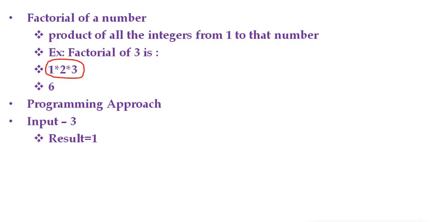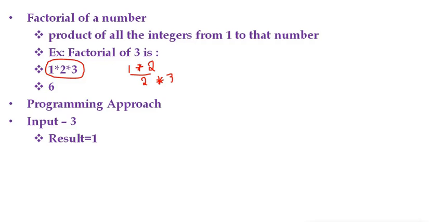In computers, at a time we can't do this many multiplications. So internally how do these multiplications happen? First 1 into 2 is multiplied and the result is stored somewhere, that is 2, and it is multiplied with the next number. Like that this multiplication 1 into 2 into 3 happened.